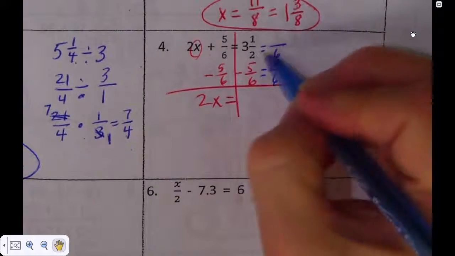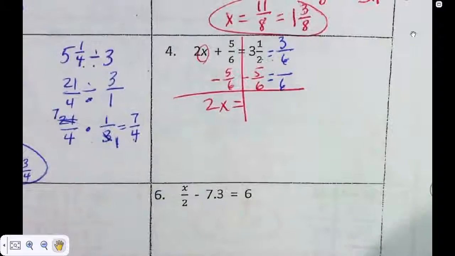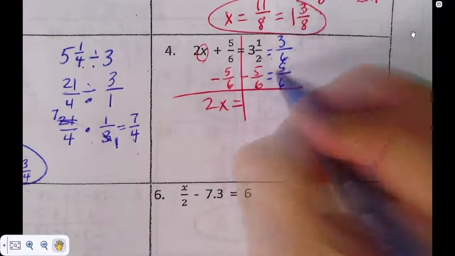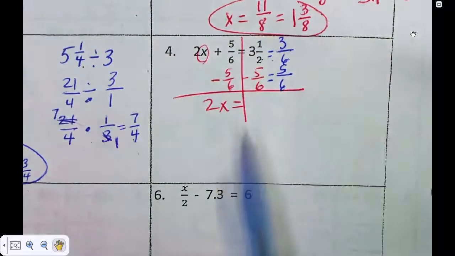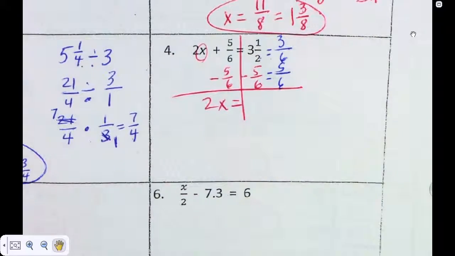So 2 times 3 is 6, so 1 times 3 is 3. And then you put your 5 there. Do not waste time going 6 times 1 is 6, 5 times 1 is 5. You don't change your 6, you don't change your 5.